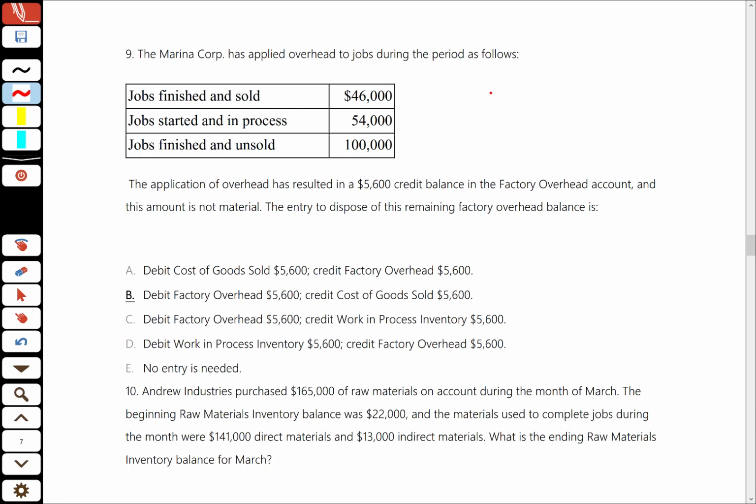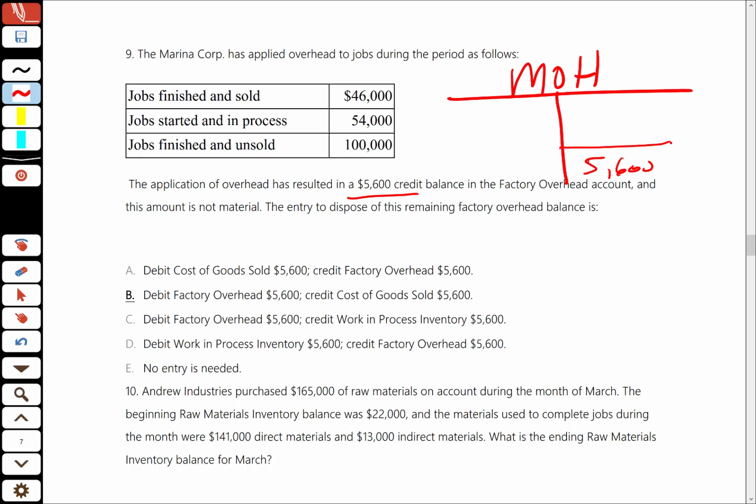If they're telling me that my manufacturing overhead account has a credit balance left over, am I over or under applied, if I ended up with more on this side?